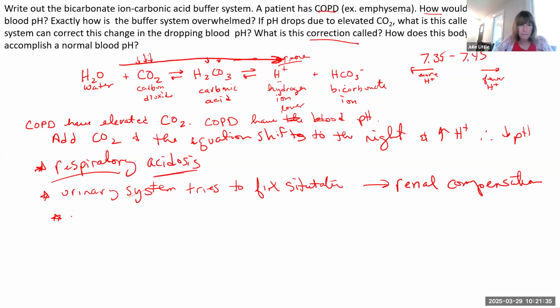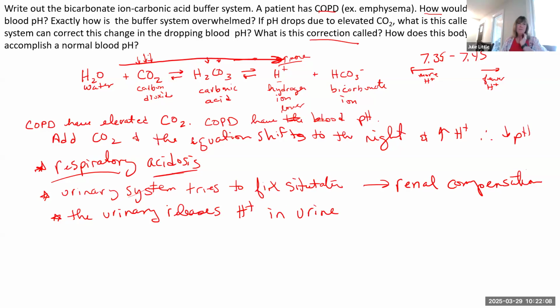The renal system releases hydrogen ions in urine. So we take those hydrogen ions out of the blood and eliminate them from the body altogether. You'll learn in a future chapter that the renal system can also retain bicarbonate ion. It does that as well.